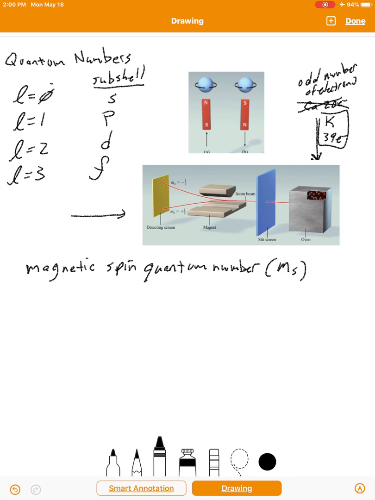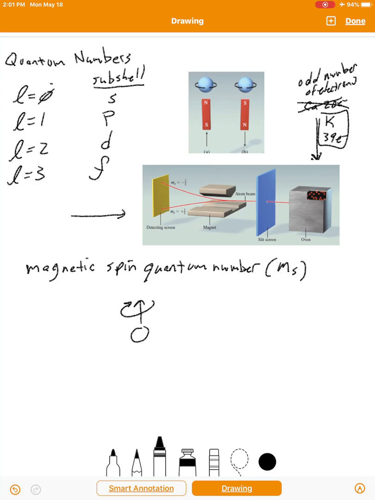Essentially what happens is this magnetic spin under normal conditions is a random phenomenon, meaning that if you have a group of atoms, the electrons in those atoms will be spinning one direction or another. Okay? So imagine, for now, that the electron is spinning on its axis.